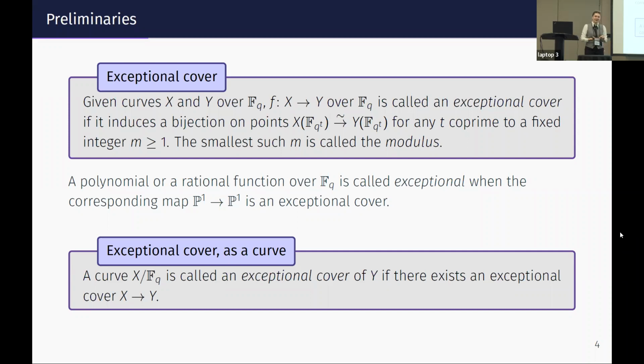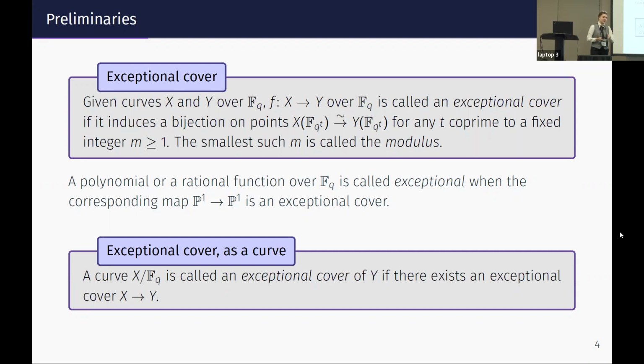And unfortunately, this can be a little bit confusing, but an exceptional cover can also be a curve. Namely, we will say that a curve X is an exceptional cover of another curve Y if there exists a function from X to Y that is an exceptional cover. So there is something important to note here. Two slides ago, I said that the first step for construction would be to look for a curve C that would have a bijective map toward P1.